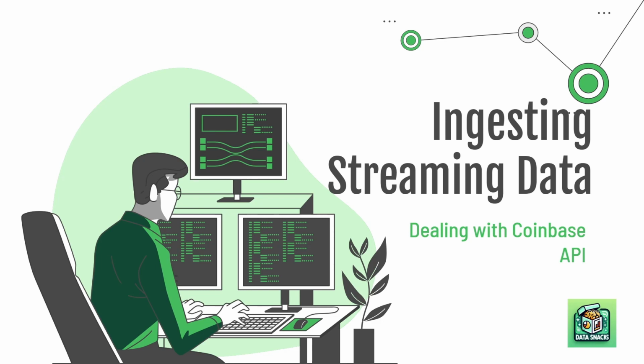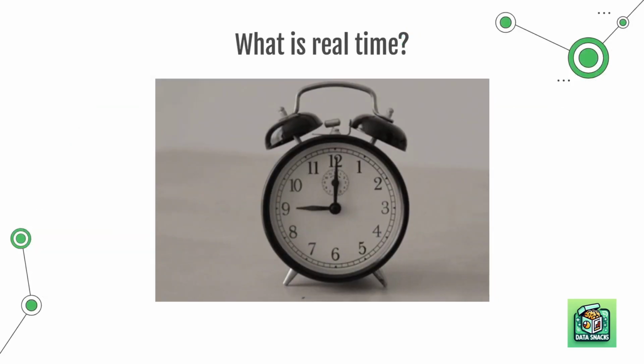It allows us to ingest this streaming data at scale, ensuring our application can process and react to real-time market changes efficiently. Let's get our hands dirty by writing some Python code to capture data from Coinbase API using Kafka. But first, let's understand what we mean by real-time.